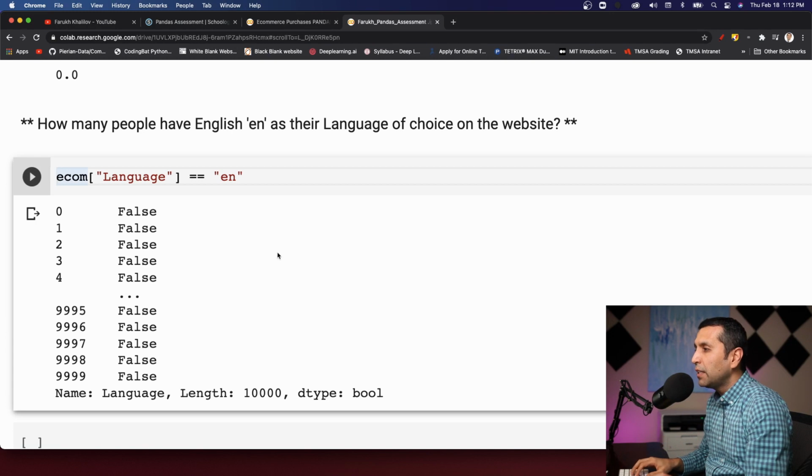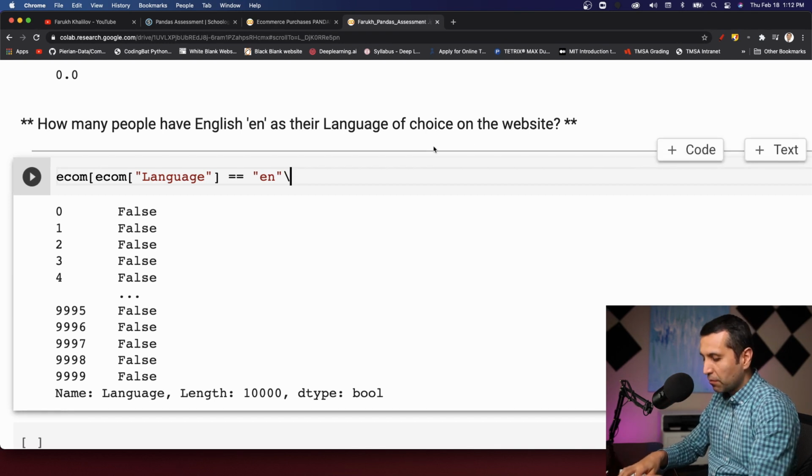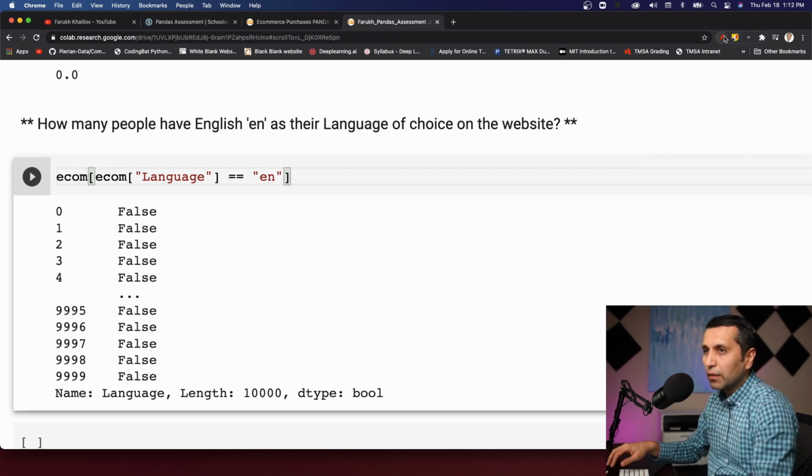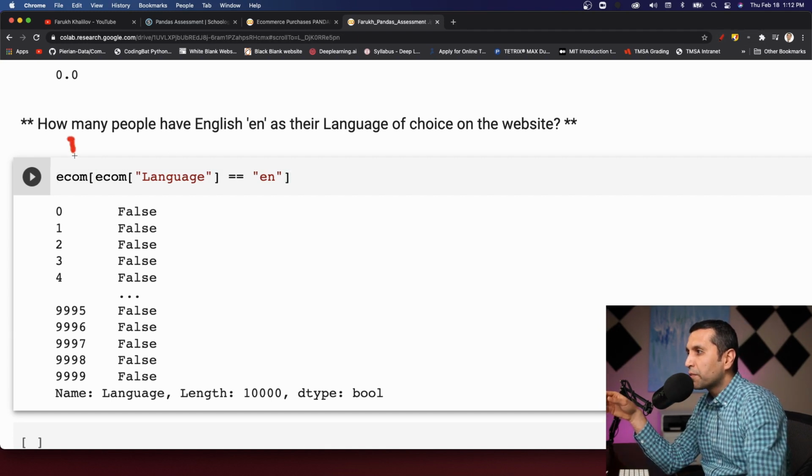But I want to bring that as a data frame. Here is a little bit confusing part, maybe for some of you. Let me just bring it and I will explain. By saying the first one, that ecom, what does it mean? We are asking Python, hey, can you bring everything in a data frame?